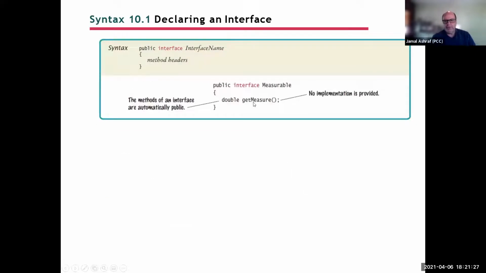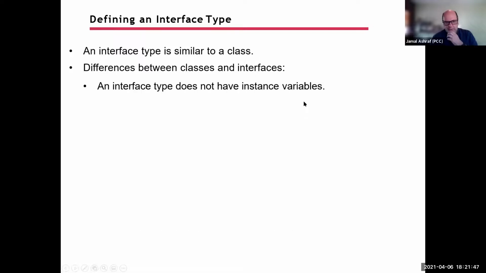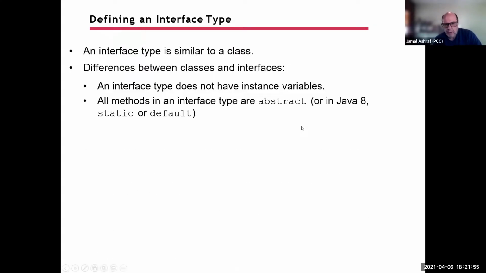So we create our interface. We're going to declare the method in there without any implementation, because the implementation is going to be different in different objects. It is similar to a class, but it's not a class. The interface does not have any instance variables. The methods are automatically abstract. That means the subclass has to implement that method.